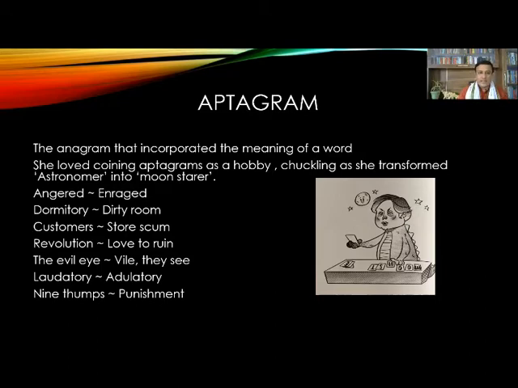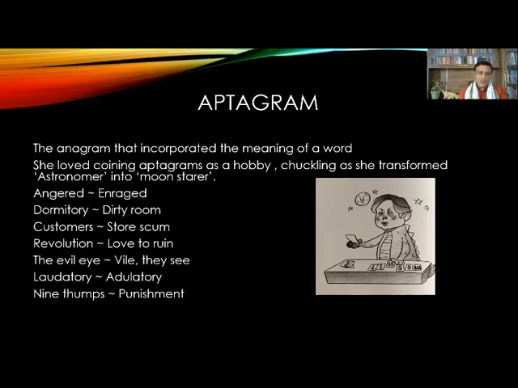So that is an anagram. The anagram that incorporates the meaning of a word, for example, she loved coining aptagrams as a hobby, chuckling as she transformed astronomer into moon starer. There are two O's in astronomer, both being used after M. The letter M is the third last in astronomer.